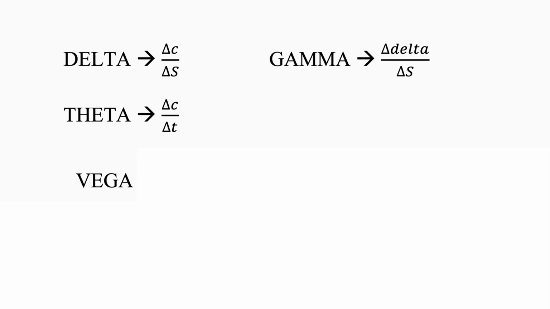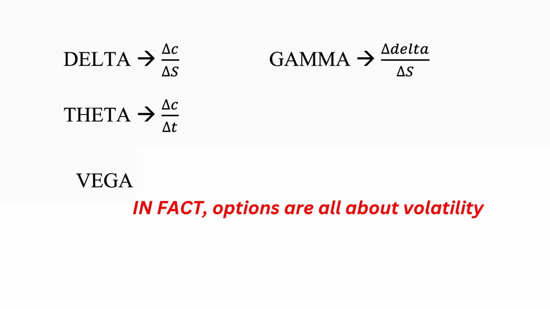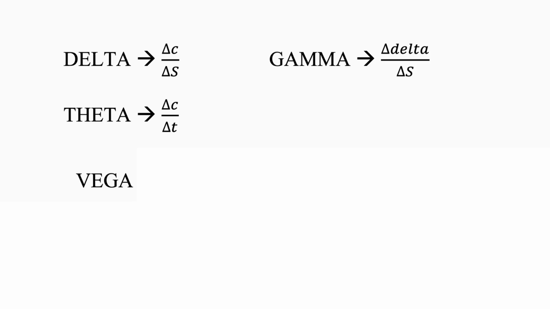VEGA, the sensitivity to volatility. VEGA measures how much an option's value changes when volatility changes. If traders expect large future price swings, options generally become more valuable. In fact, options are all about volatility. And in a market that can suddenly become very volatile, that's where options really come into play. More uncertainty often means higher option prices, and at the extreme, markets could simply freeze or break.